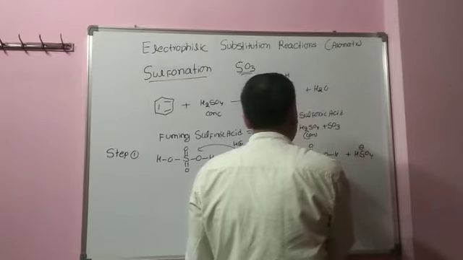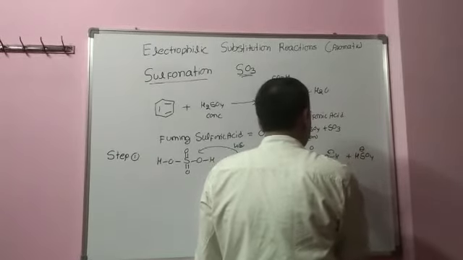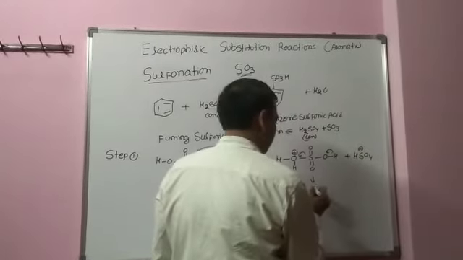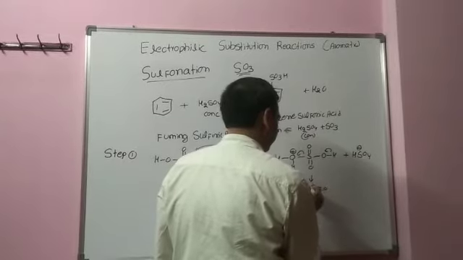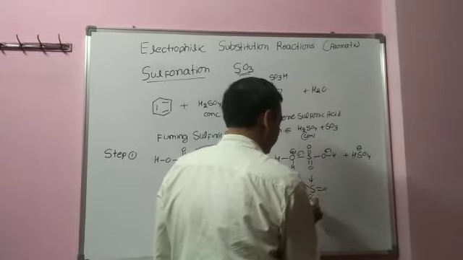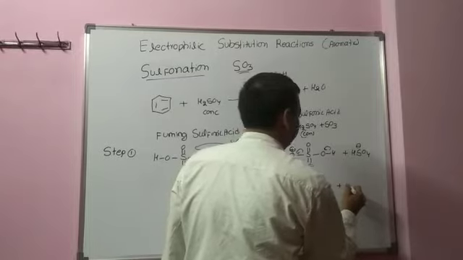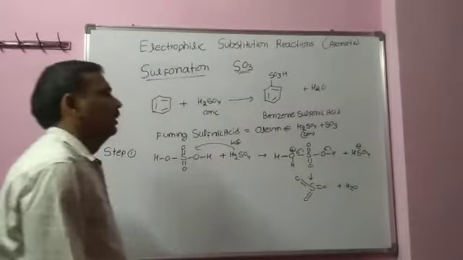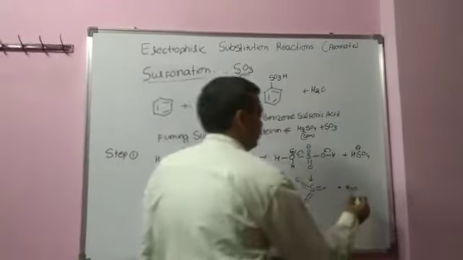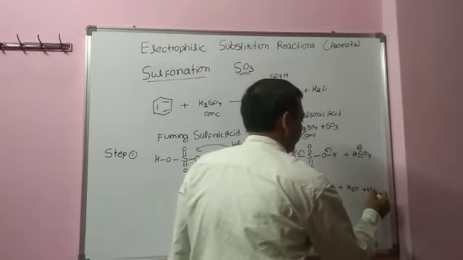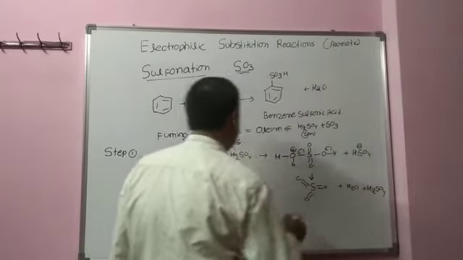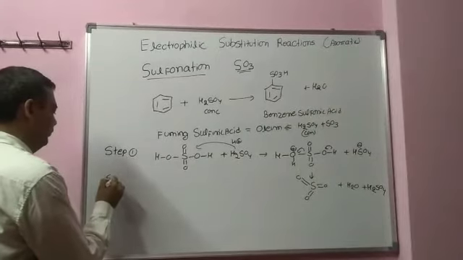After that, it gives sulfur trioxide plus water, and also H2SO4. So this is the generation of the electrophile.